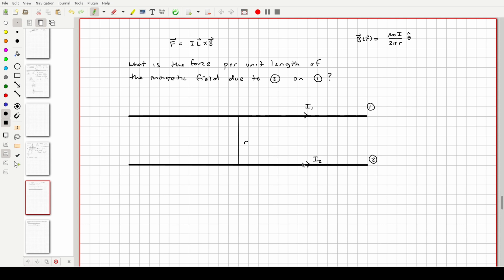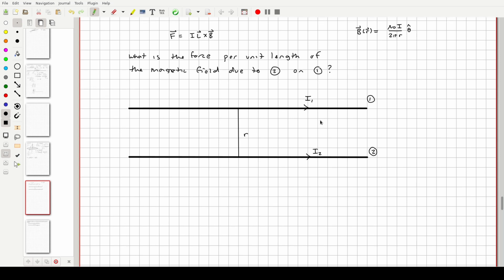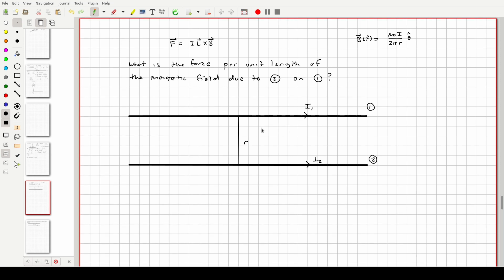So we're looking at the magnetic field that's being created by number 2 and how it's going to affect number 1. So the key point here is that our wires are parallel to each other. So knowing the fact that the magnetic field is going to loop around I2 like this.